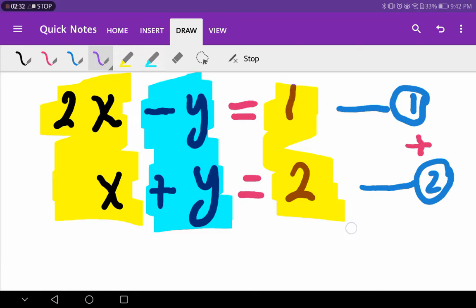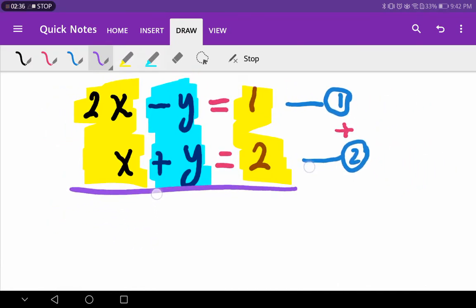Let us do it. I will minimize the page like this. We add 2x plus 1x equals 3x.